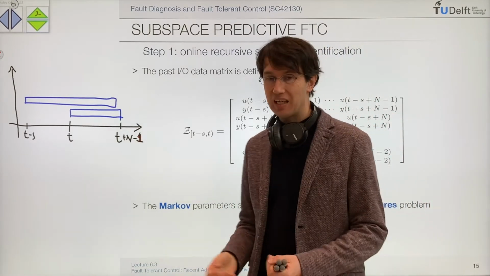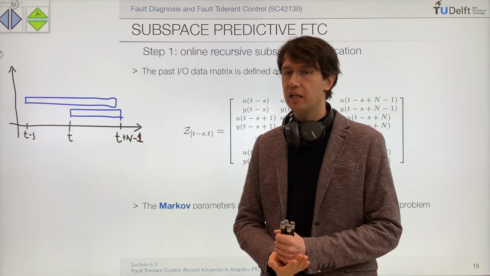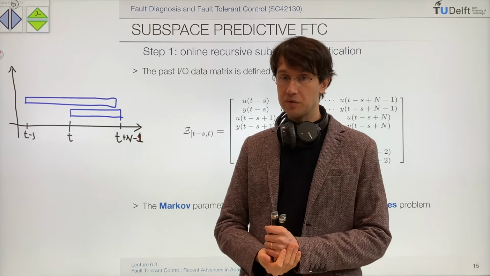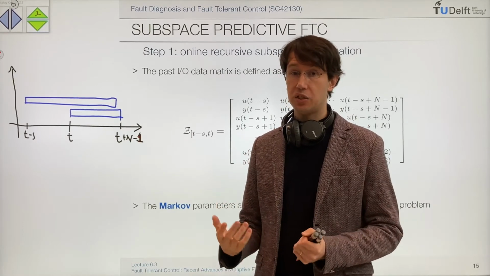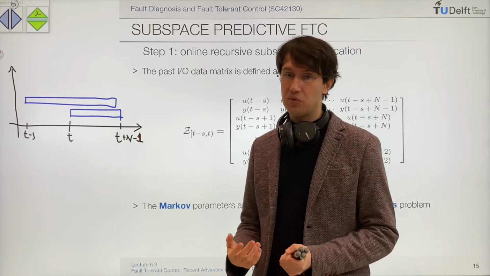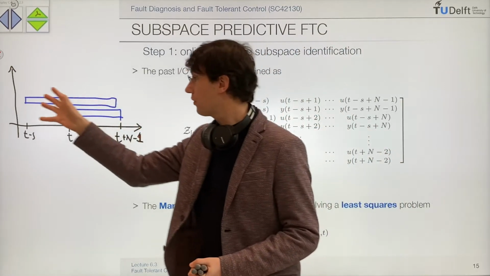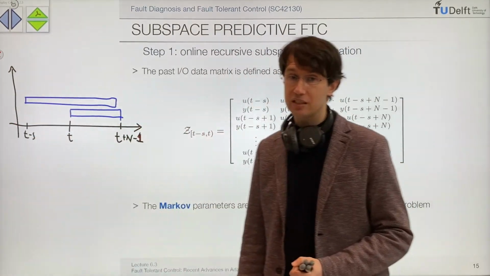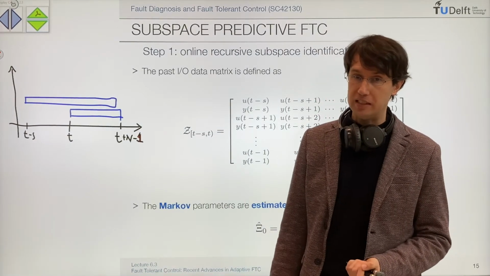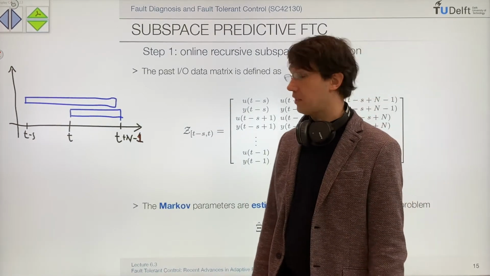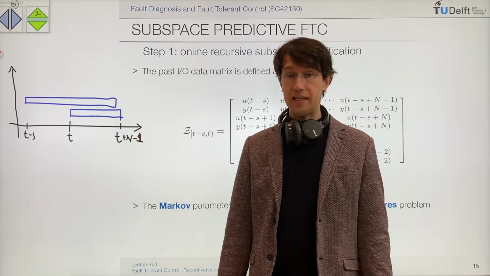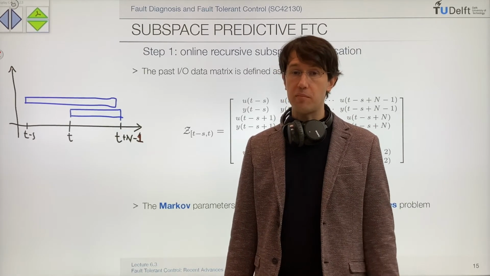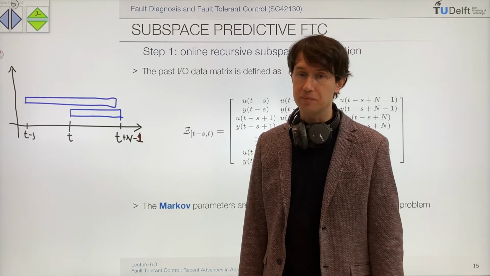As we have seen previously in the lectures on change detection, there is a trade-off between how good your model is. The longer these time windows, the better you are estimating your model, but also the longer it will take you to react to an abrupt change in the dynamics of the system.